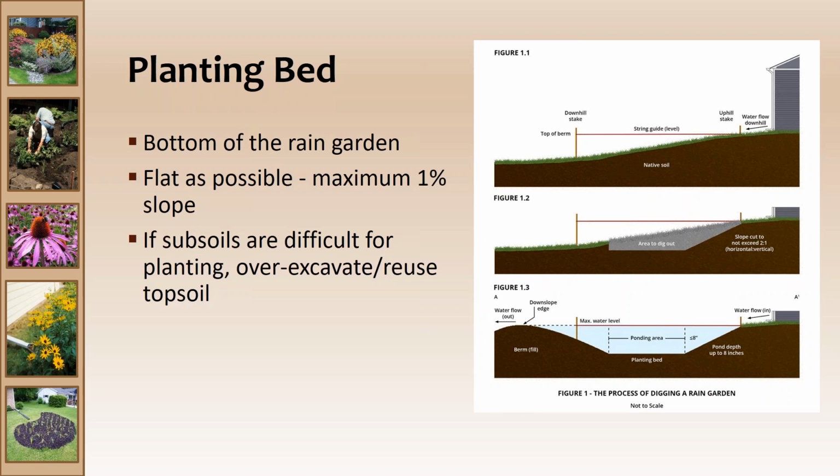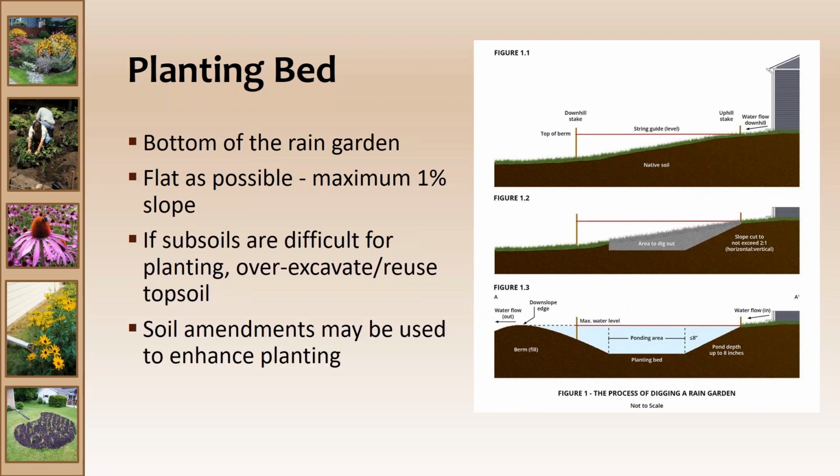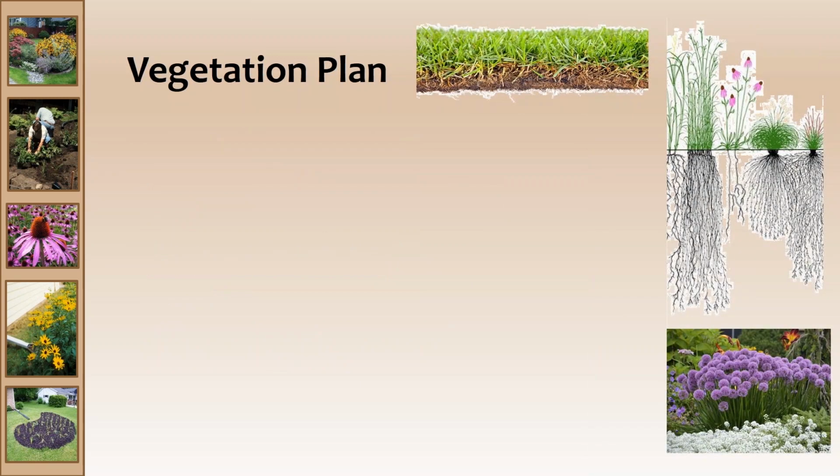If you're planting turf in the bottom of this thing, you need as much as you can so that it doesn't dry up and die on you. Soil amendments can also be used to enhance the planting, such as compost, and I'll get into some of that later. As far as a vegetation plan, the standard allows the use of native plants, perennials, or turf grass.